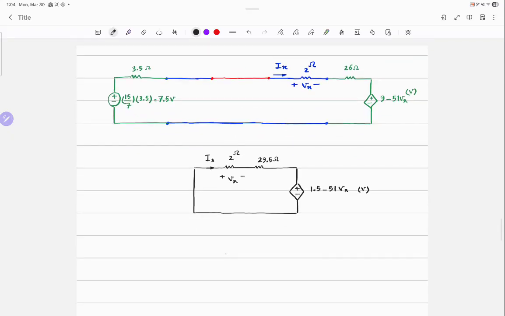Can you tell me what is Ix? Use Ohm's law and tell me what Ix is. 4.5 times 54 is over 31.5. Do you see where the negative sign comes from?